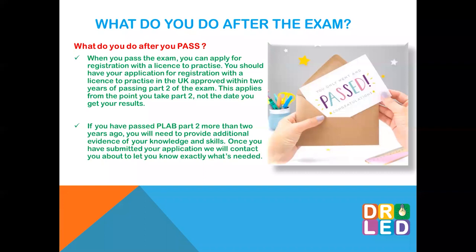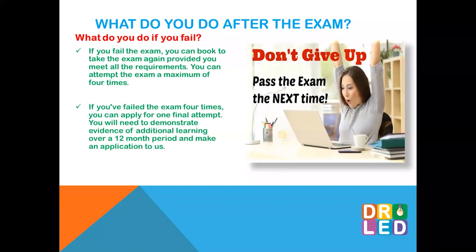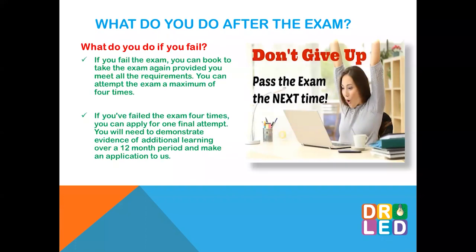Okay, so what do you do after the exam if you fail? First thing, you need not give up. You will surely pass the exam the next time with hard work and trying to minimize your mistakes after knowing them. If you fail the exam, you can book to take the exam again, provided you meet all the requirements. You can attempt the exam a maximum of 4 times.